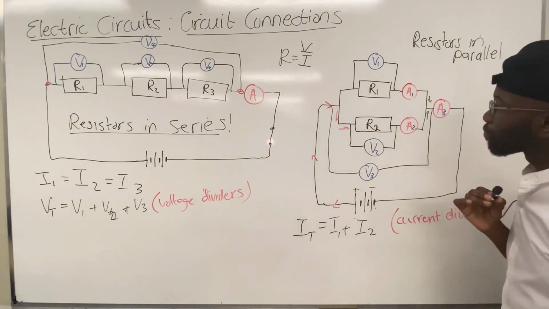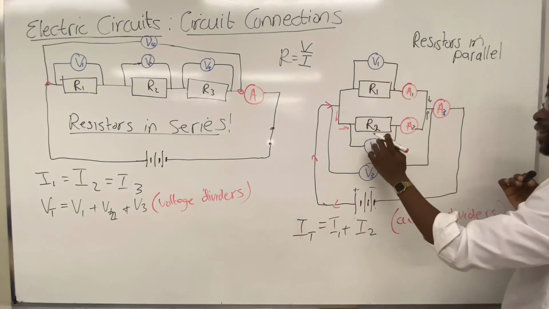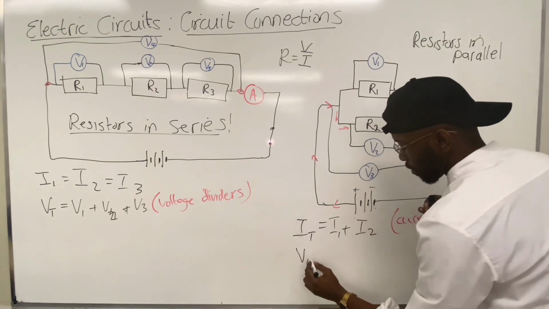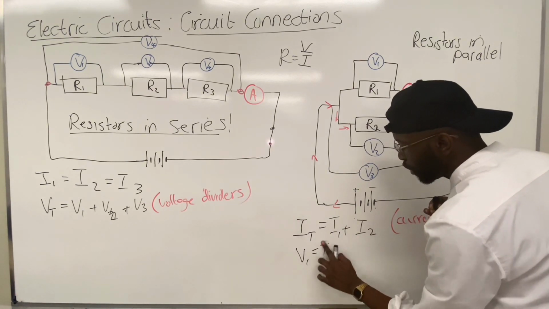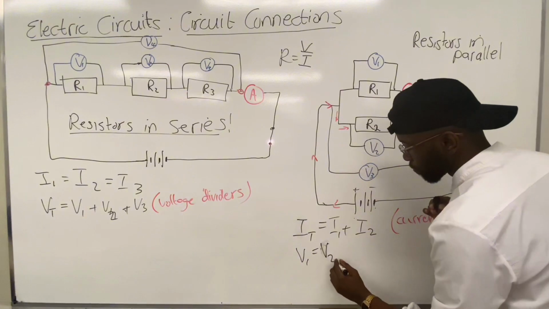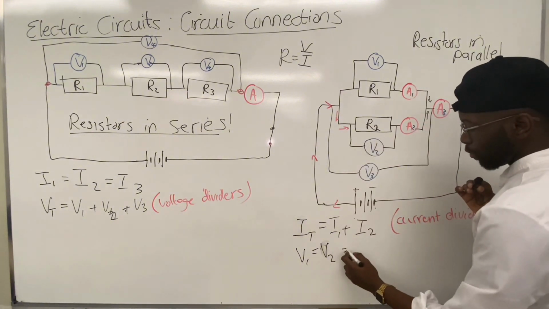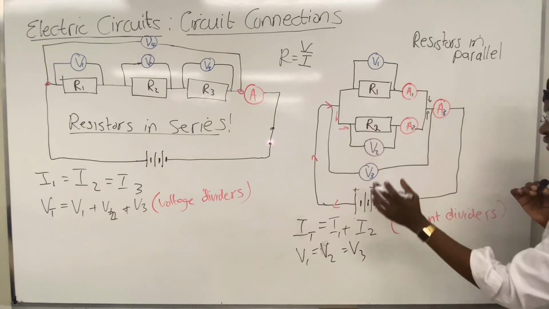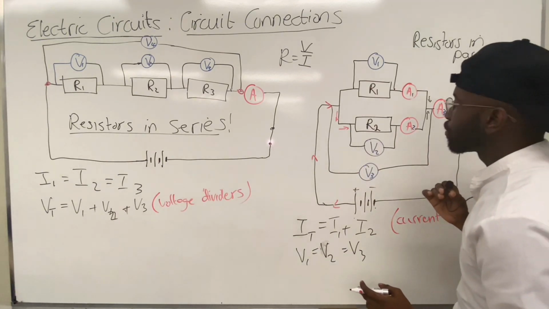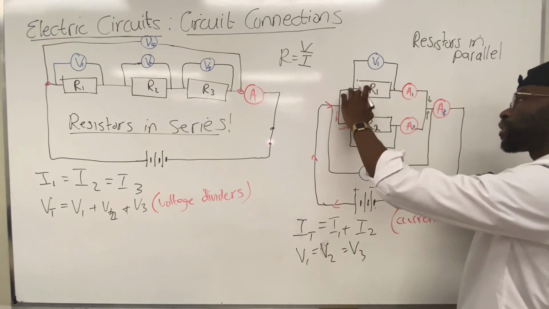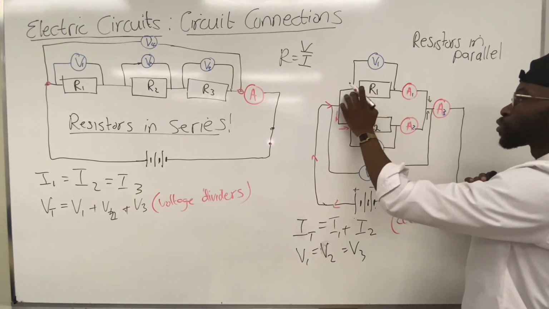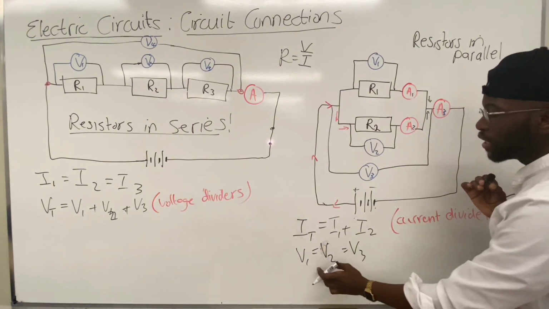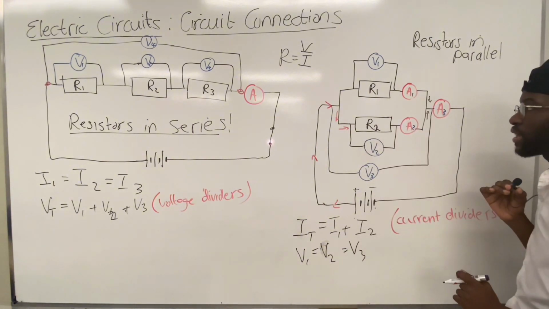Now, here, V1 and V2. V1 will be equal to V2. If there was a third one, we'll say they are equal to V3, as long as those resistors are in parallel. Now, the voltage across each resistor will be the same if they are connected in parallel.